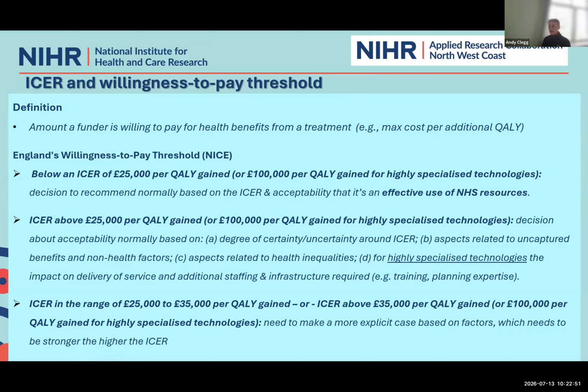Above £25,000 per QALY, it's seen as probably a reasonable use, but the decision is normally affected by a number of factors, such as how uncertain the decision-making process is, the data we use within the analysis, whether we've captured the benefits and other factors associated with health inequalities, and the highly specialised technologies, which are basically known as orphan drugs, where a very small number of people have that condition, and therefore they have increased the threshold to about £100,000 per QALY.